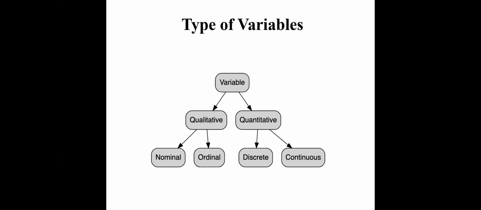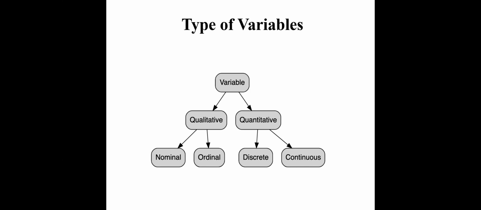So first of all, the test depends on which type of variable we are considering, whether it is qualitative or quantitative. Qualitative variables are nominal, in which there is no order, like gender, male, female. We cannot order it as higher or lower. In the ordinal, like in cancer, there is stage: first stage, second stage, third stage. So there is some order and it is categorical, and we call it ordinal.